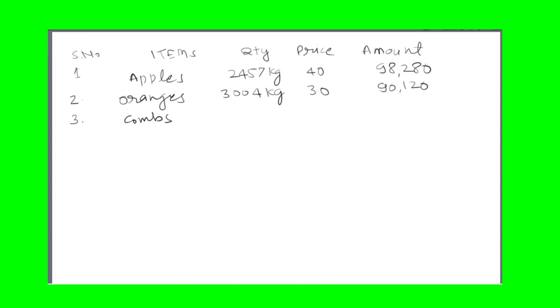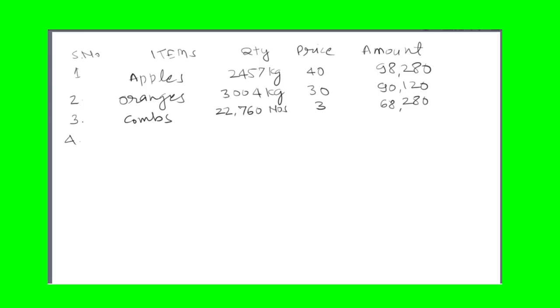The number of combs sold is 22,760, and the rate was 3 rupees each. So the total amount comes out to be 68,280. When we multiply these two, we get this figure.